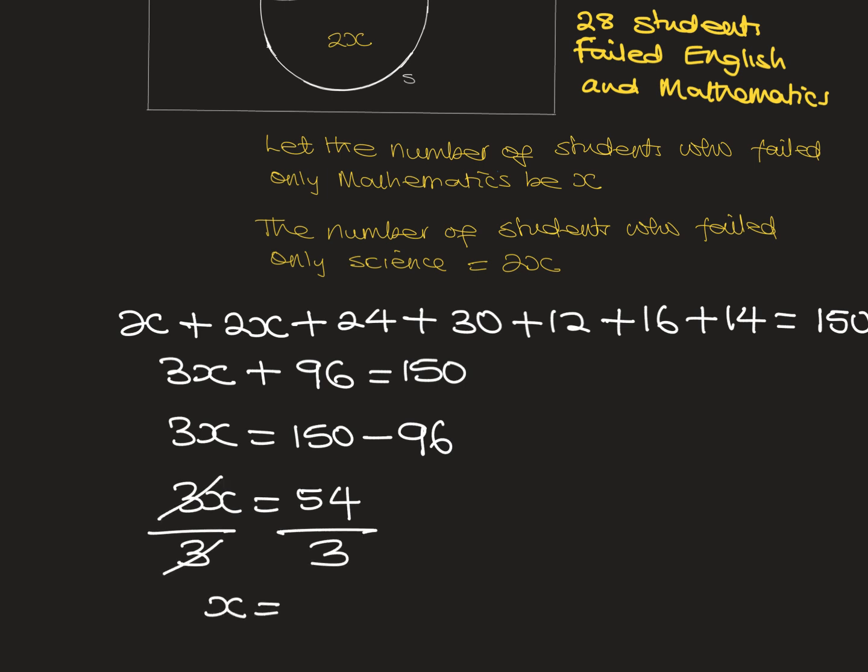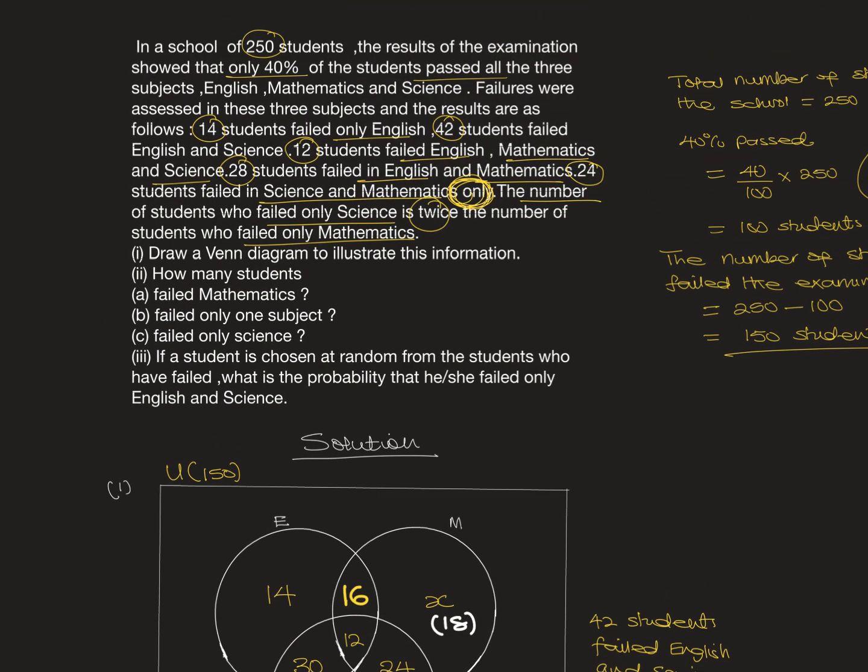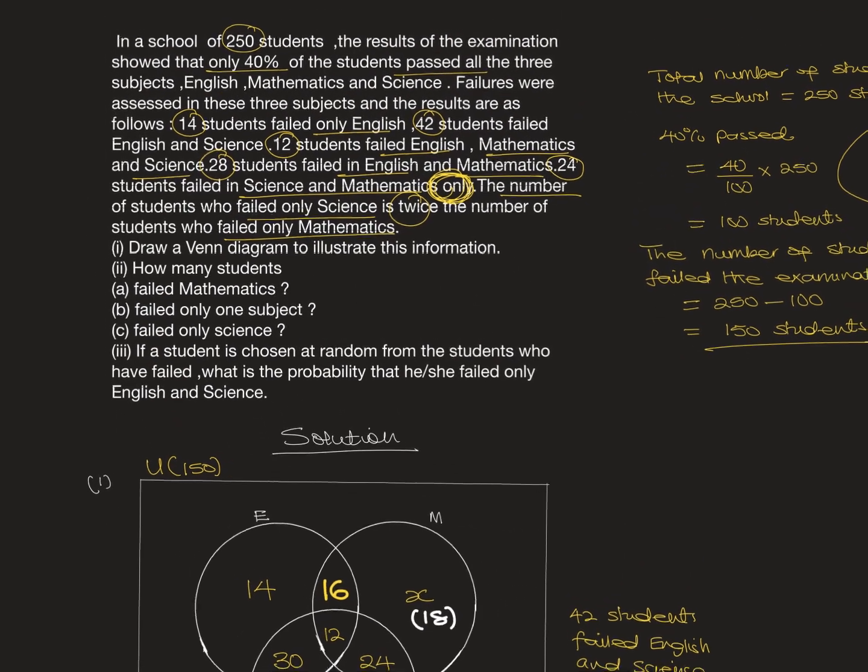X will be equal to 54 divided by 3 is 18 students. Okay, so where do we have X? That is here. X is 18. So that is the number of students who failed only mathematics is 18. So twice of that is the students who failed only science. 18 times 2 is 36. You get that? Now we can comfortably go and answer all the questions that we have.